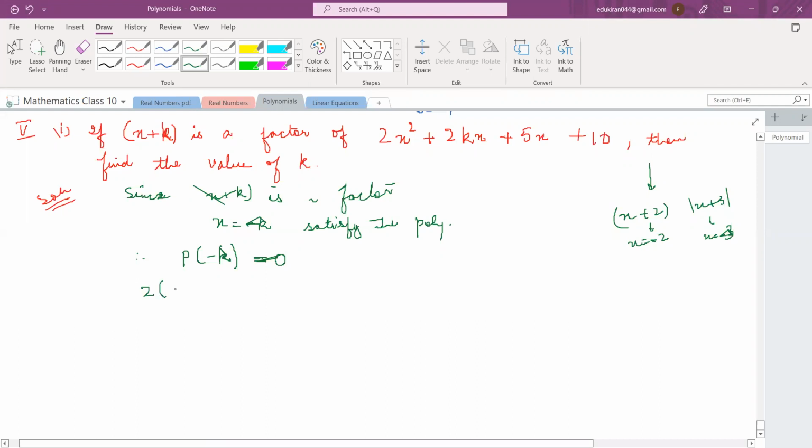So 2 into minus k whole square plus 2k into x, which is minus k, and then plus 5 into minus k and plus 10 is equal to 0. Now please solve it and tell me the value of k from here.